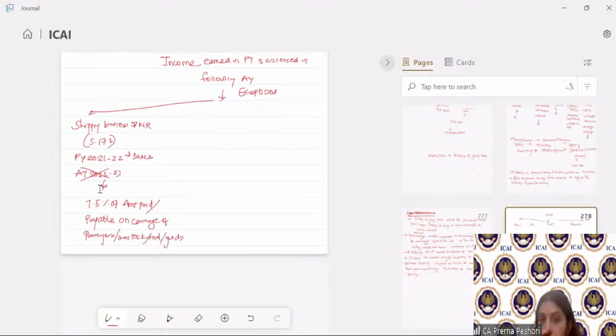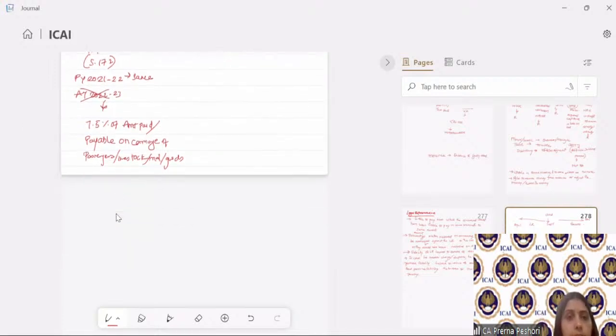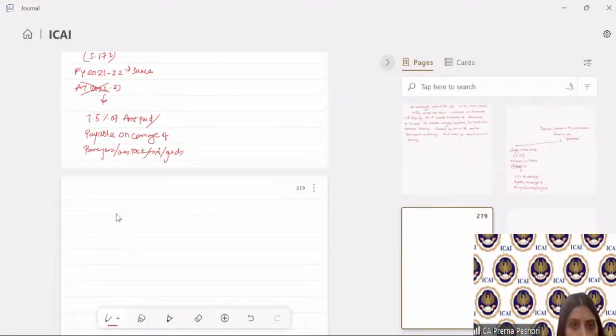Is that clear? So 7.5% of the amount paid or payable on account of the carriage, that is deemed to be the income. So this is your income, and the tax will be 40% on the foreign company. Is that clear? Tax will be 40% on the foreign company. Is that clear?